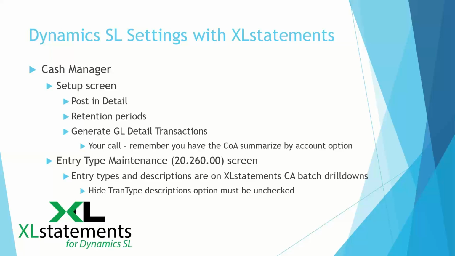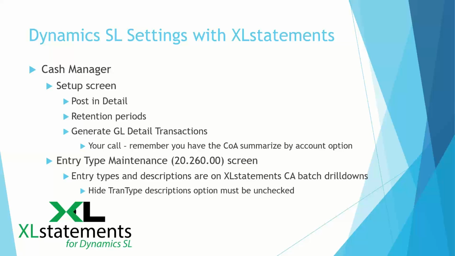So Cache Manager setup, much like the other screens we talked about that generate GL detail transactions, you can decide on that on your own. It doesn't make that much difference to XLstatements. But something you should know in Cache Manager, you've got those entry types, and you can create your own entry types.